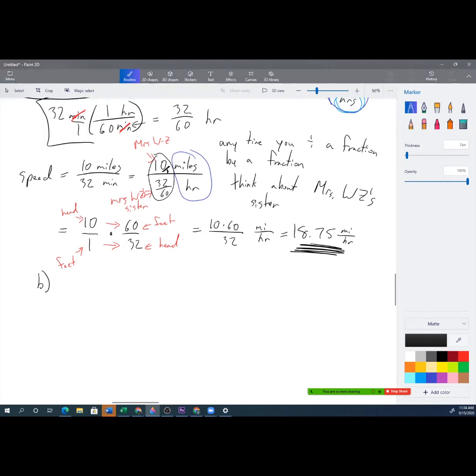Wouldn't it be 0 displacement over 32 minutes? Perfect. And what does that simplify to? 0. Because we came back to where we started, you actually have a displacement of 0.